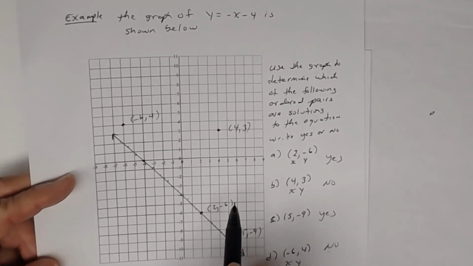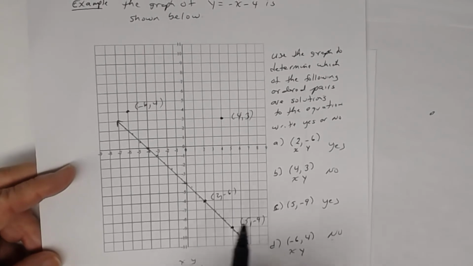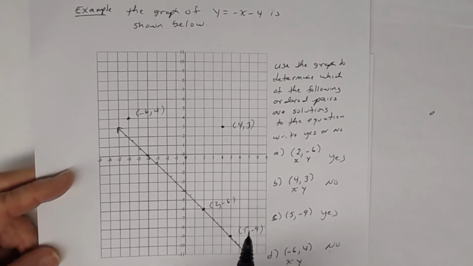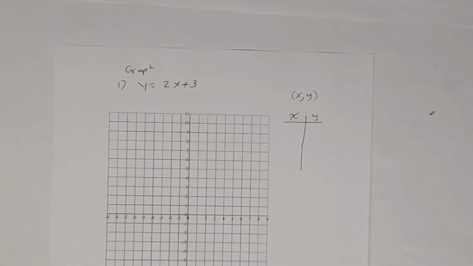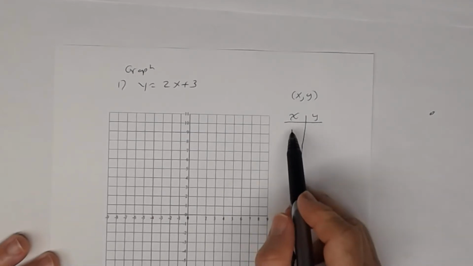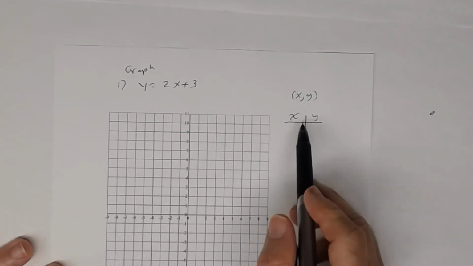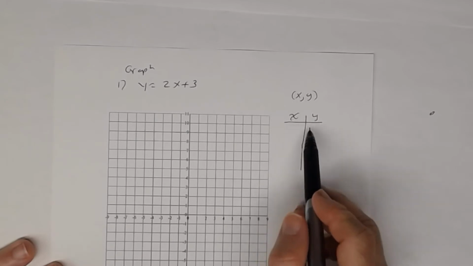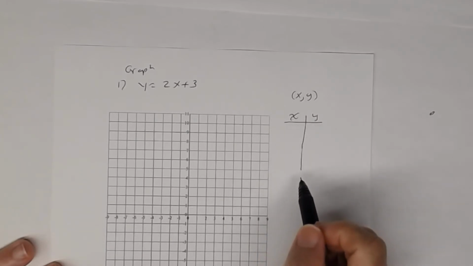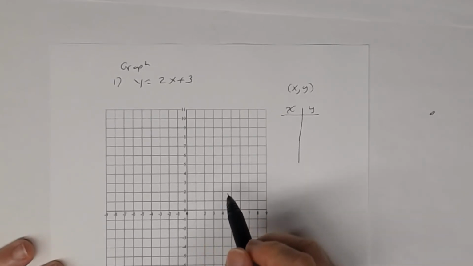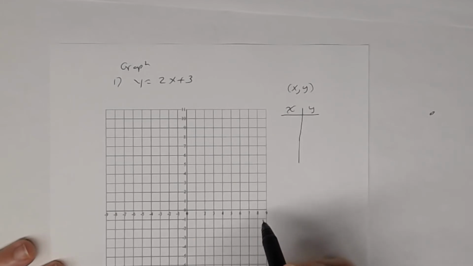So that's the easy kind. There was no estimating involved at all. So whenever possible, try to always have your ordered pairs, both x and y, be integers. It makes things a lot easier to graph, and you don't have to estimate where they're located in the coordinate plane.